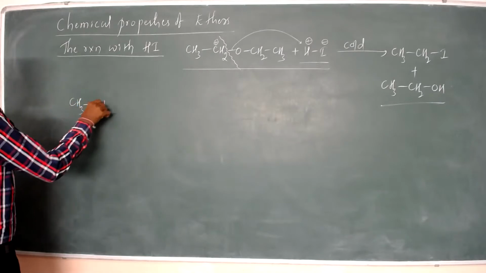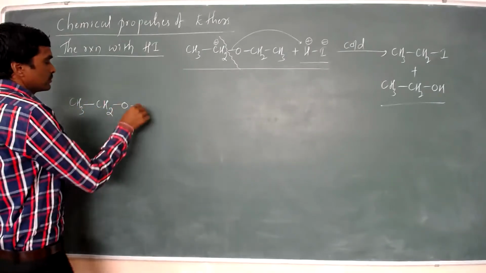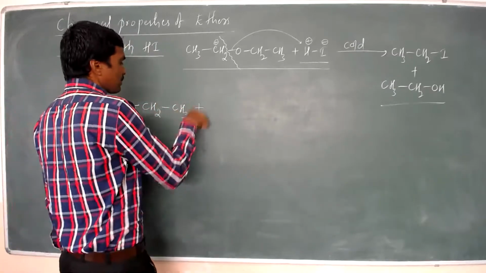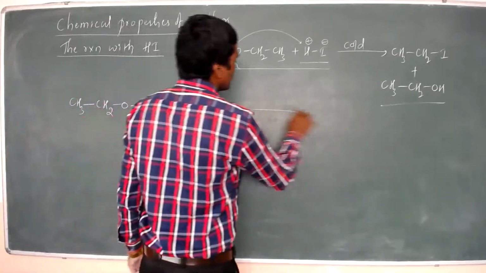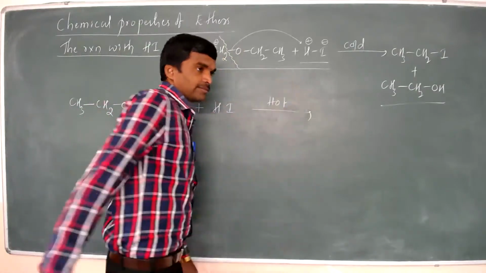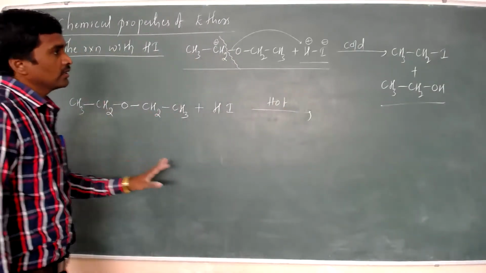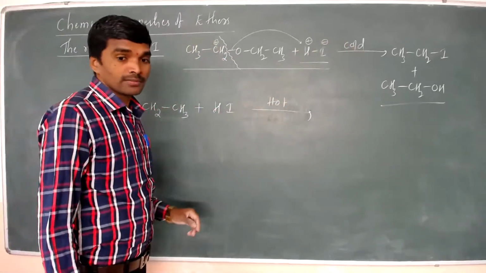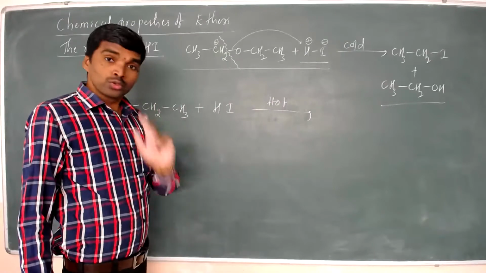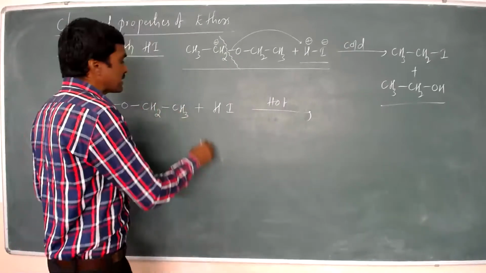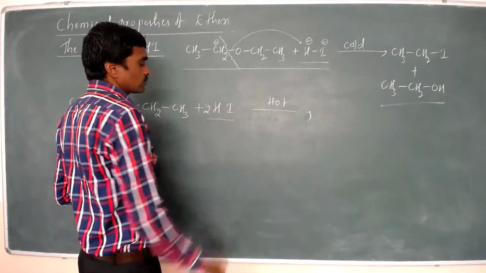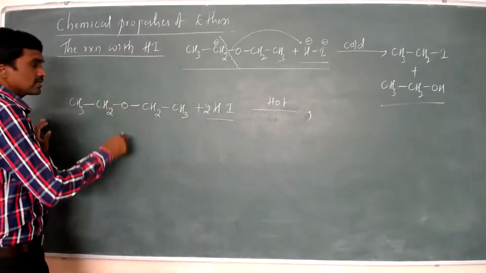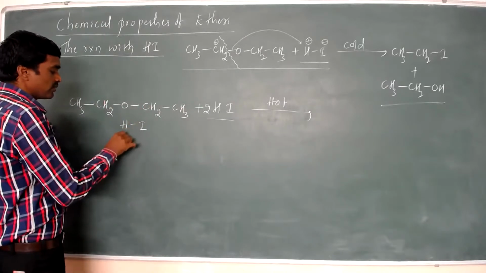CH3CH2OCH2CH3 plus HI in hot condition. Same symmetrical ether; here I have taken cold condition, here hot condition. Hot condition means excess, so they will take 2 moles of hydrogen iodide.